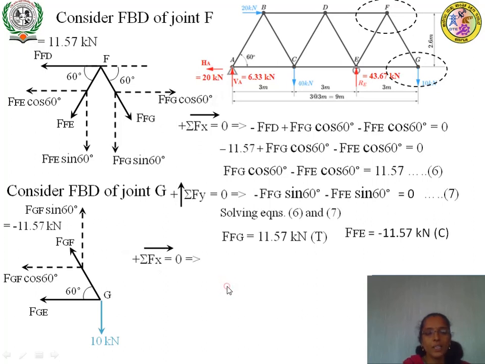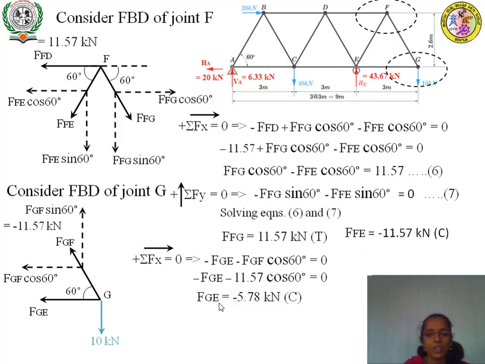Now we will apply sigma Fx equals 0. So that implies minus FGE minus FGF cos 60, so that will be minus FGE minus 11.57 cos 60 is equal to 0. If you simplify it, FGE is equal to minus 5.78 kilonewton. Minus means compression.